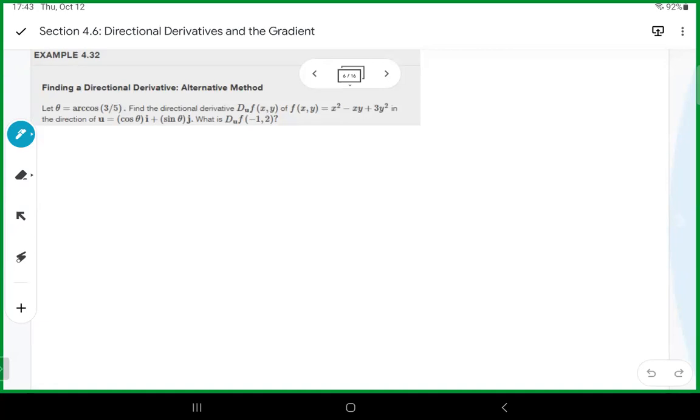So hopefully we're not going to need a whole bunch of screens or slides. All right. So first we have to calculate the partial derivative. So let's find f sub x. That would be 2xy minus y, or 2x minus y.